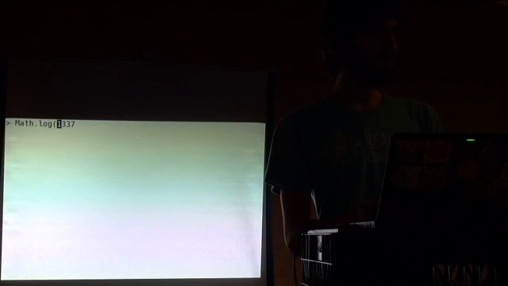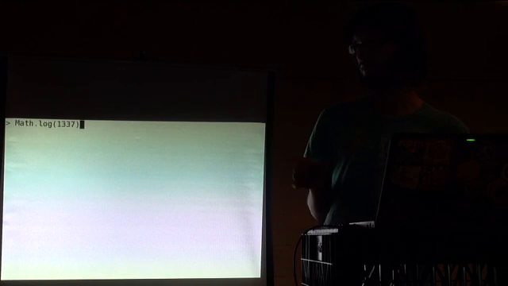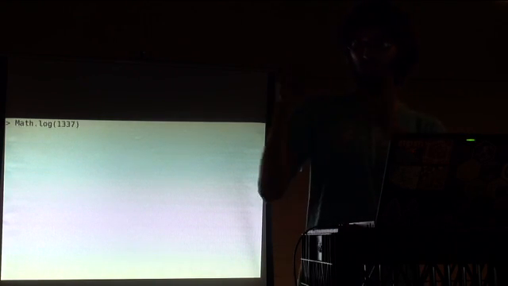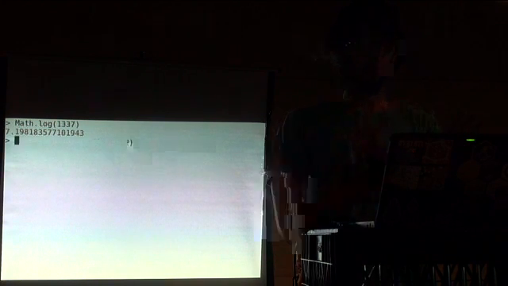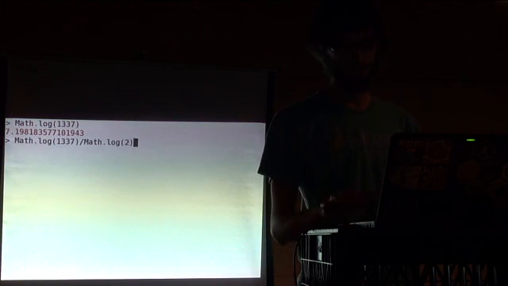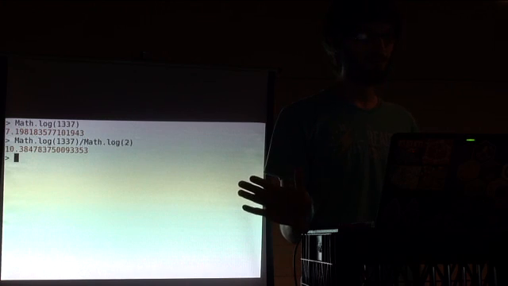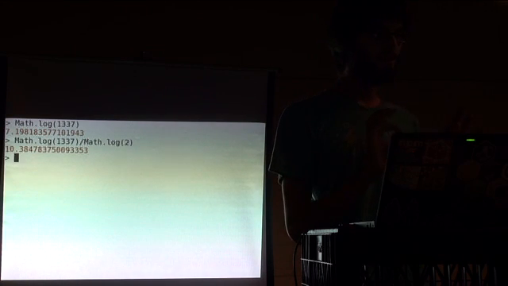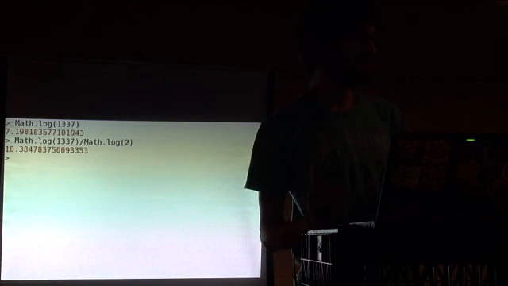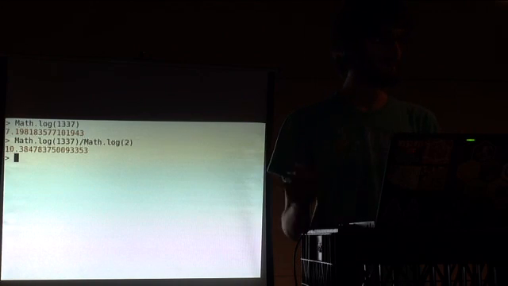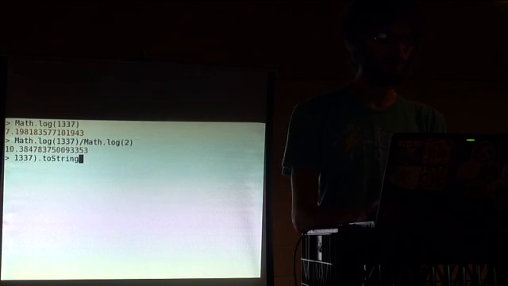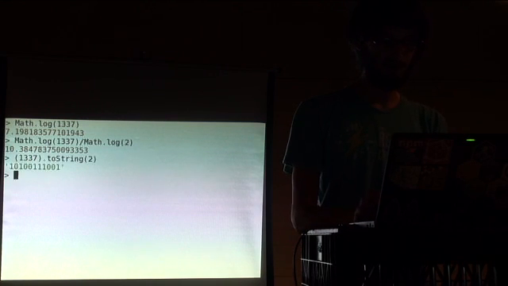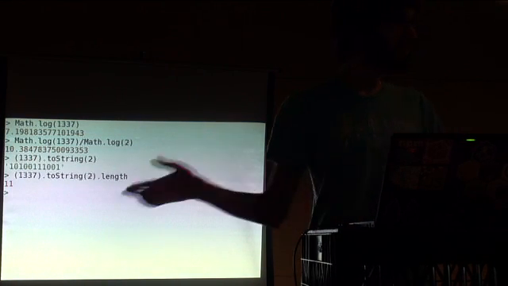So if you take Math.log, by default in JavaScript this is base e, that weird transcendental number. So if we want to convert into base 2, we can just divide by Math.log of 2. So it will take 11 bits to represent this number. And we can confirm that by converting that to binary and looking at the length, which is 11.